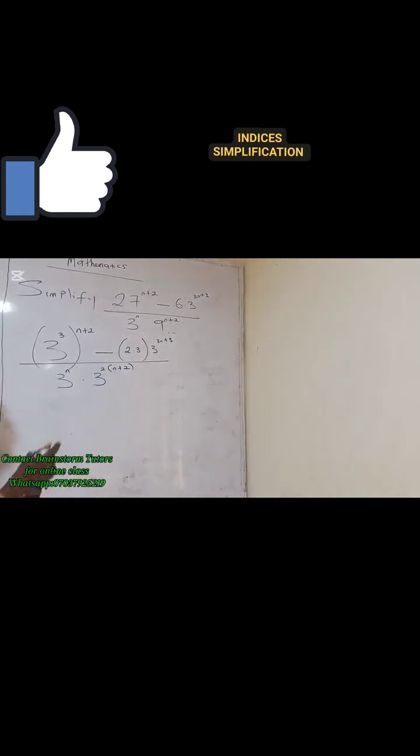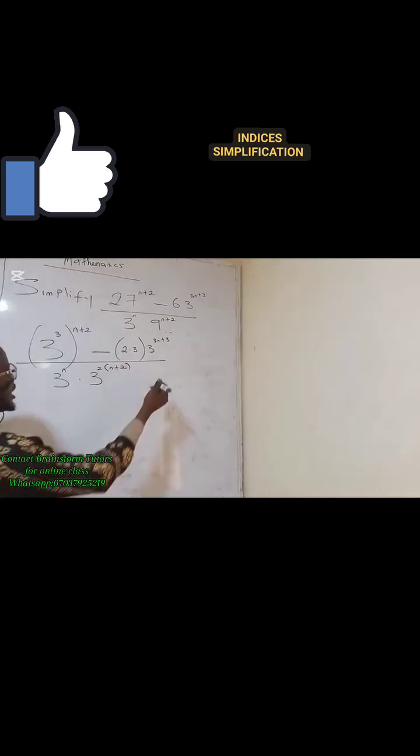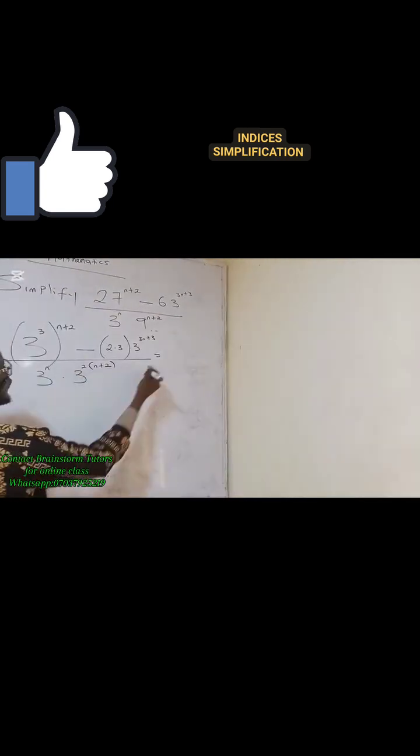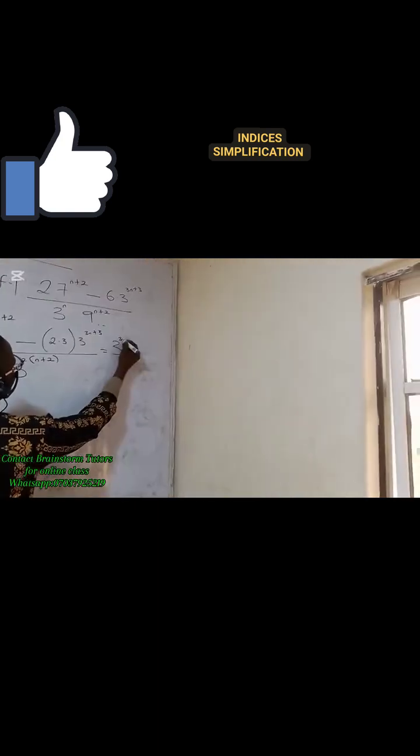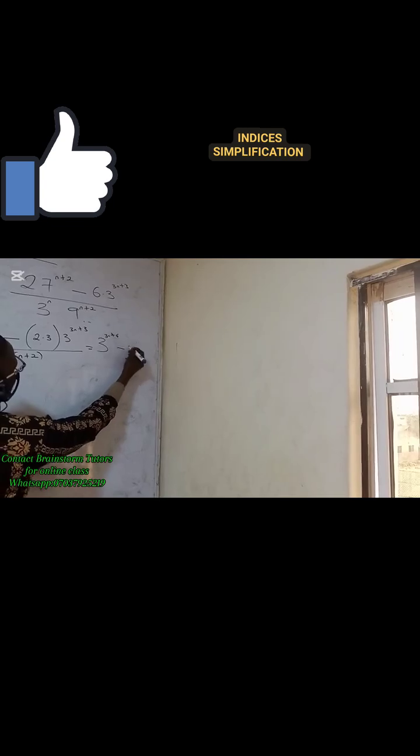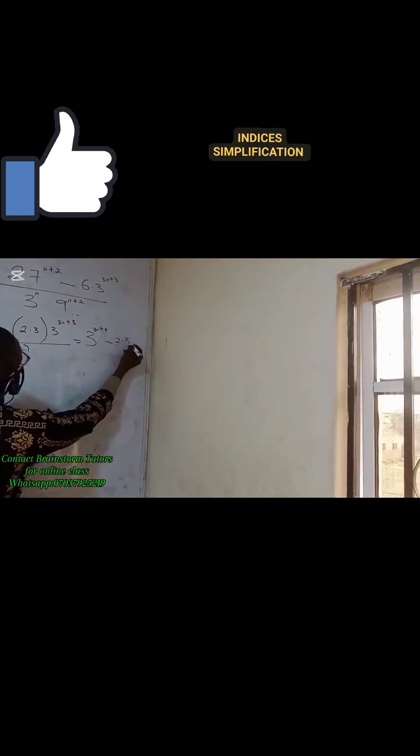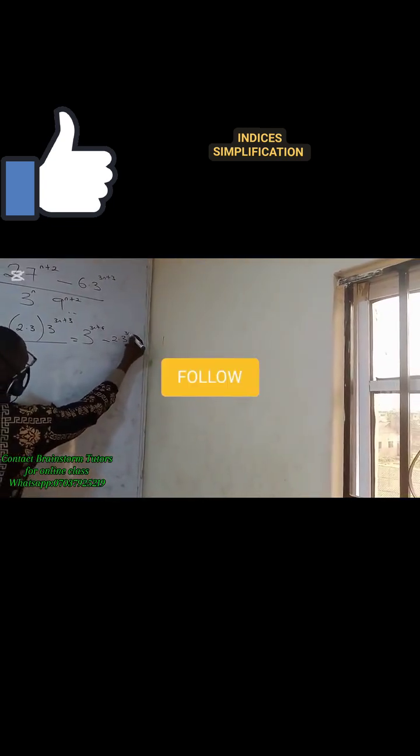So now the next thing we have to look at, we try to simplify it. We have 3 raised to power 3n plus 6 minus 2 dot 3 raised to power 3n plus 4.